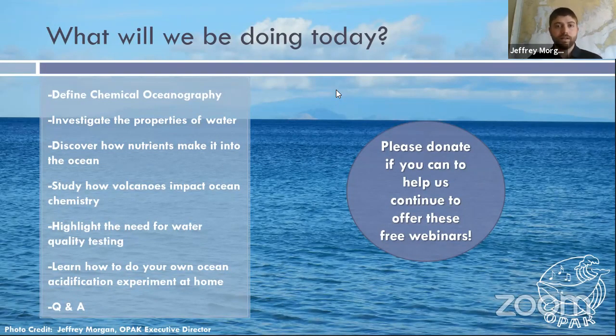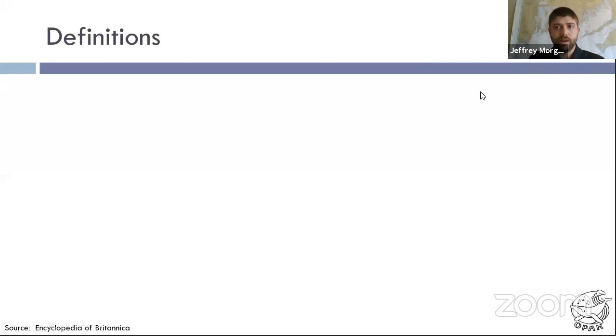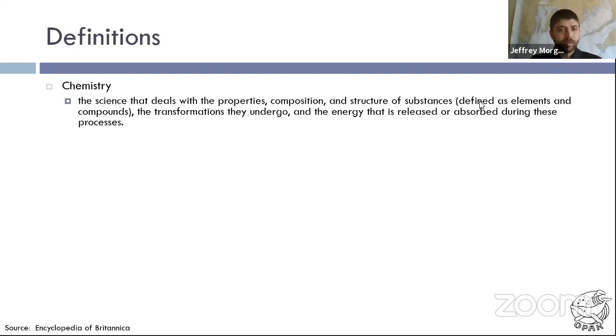So I do want to start this lesson off with a few definitions, just so we're all on the same page about what some things mean. First being chemistry, since this is about ocean chemistry. When we're talking about chemistry, we're just talking about the science around elements and compounds and how these things change, what their composition is.